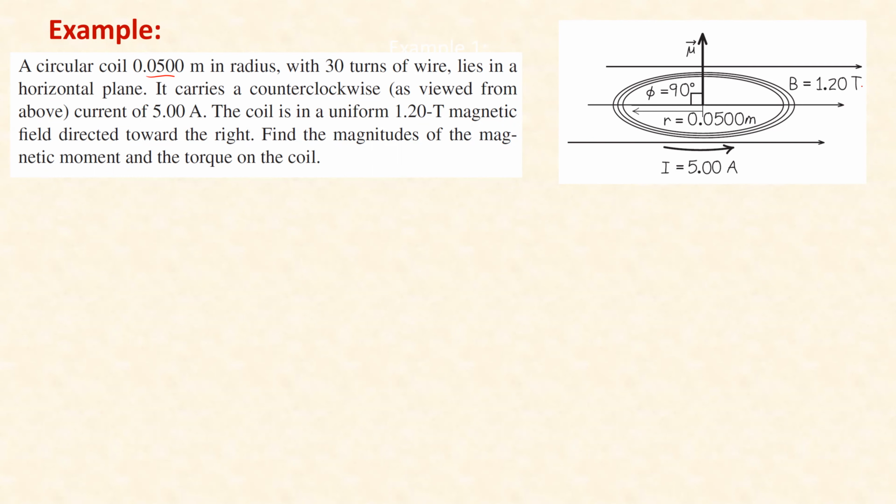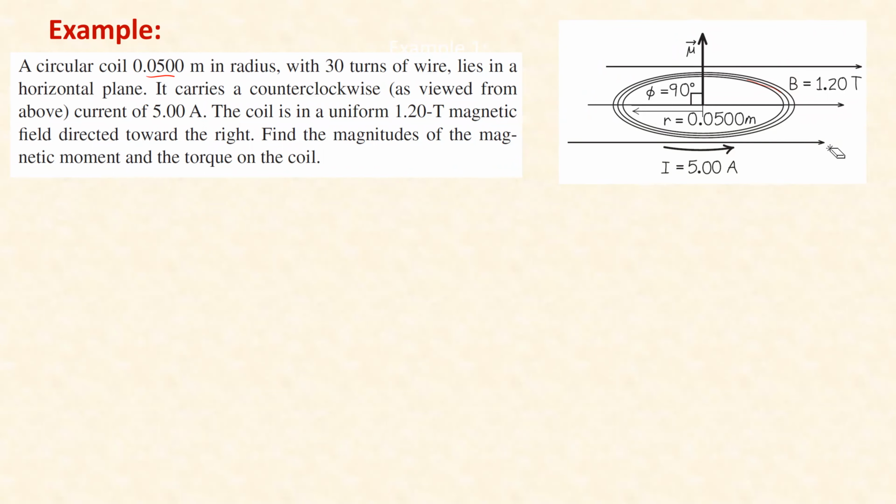As you see here, this is the B field, toward the right. Find the magnitudes of the magnetic moment and torque on the coil. As you see, magnetic moment is actually shown here. Magnetic moment is perpendicular to the plane of the loop, and therefore it is up here, right?